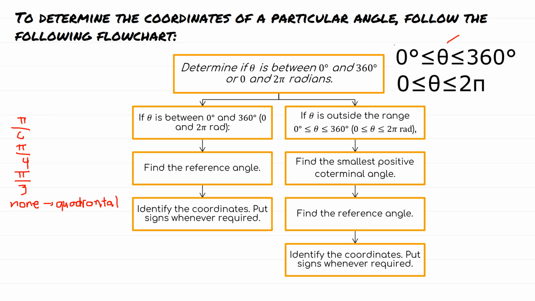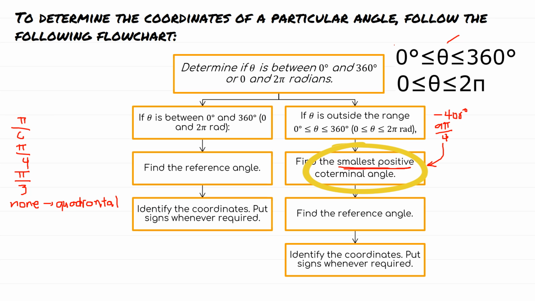Paano naman kapag yung value ng theta mo wala dyan? Let's say for example, negative 400 degrees. O kaya 9 pi over 4. Idadaan mo muna sa smallest positive coterminal angle. Kailangan natin hanapin si smallest positive coterminal angle.